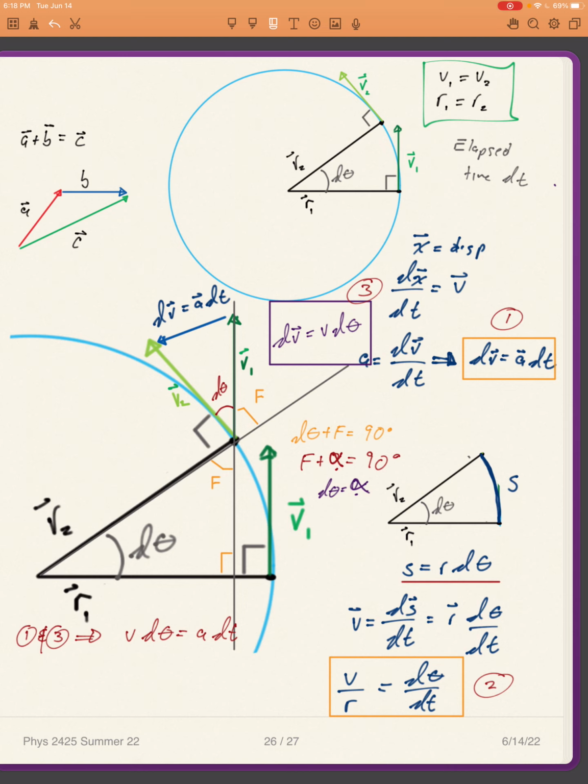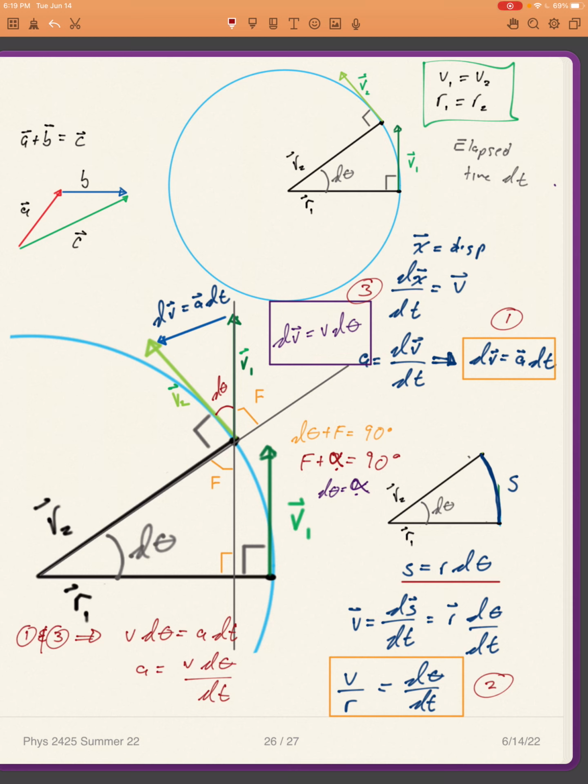Alright, now from here I can solve for a, and so then I have that a must therefore be equal to v d theta over dt.